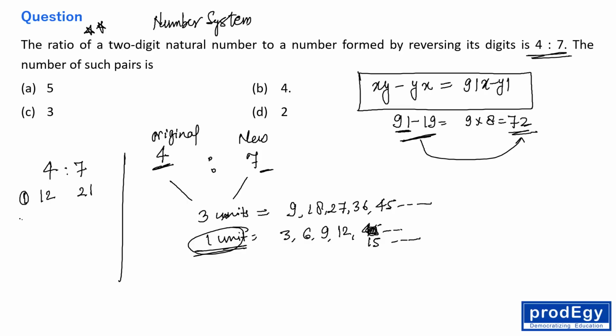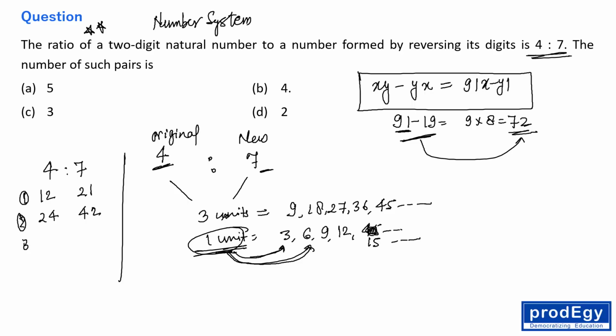Okay. Now 1 unit is equal to 6, right? So when we considered 1 as 3, the answer is 12 and 21. Now when 1 is 6, then 4 into 6 is 24, 7 into 6 is 42.